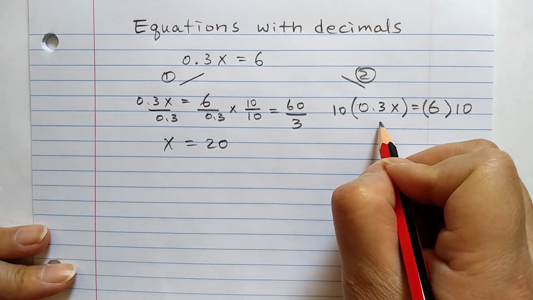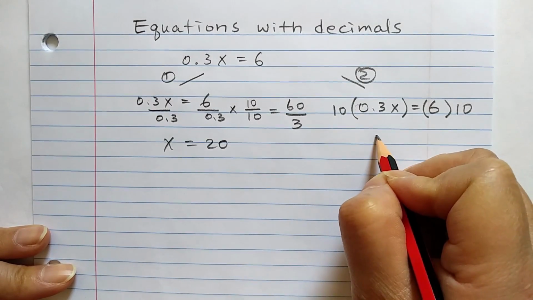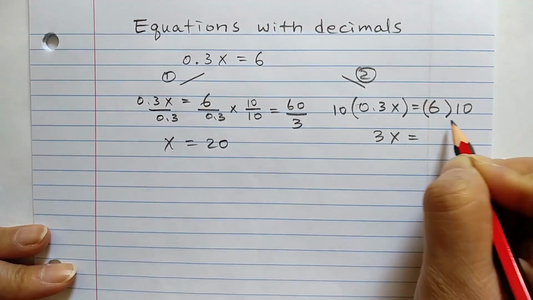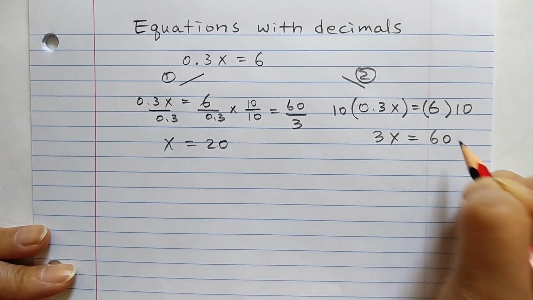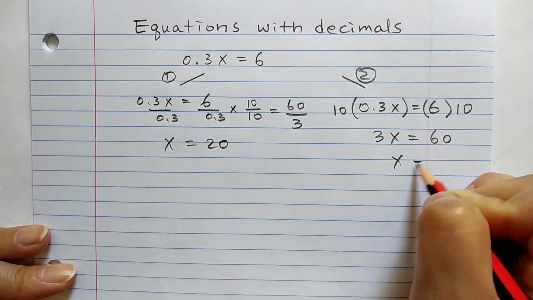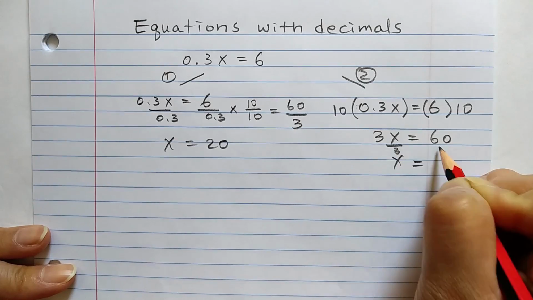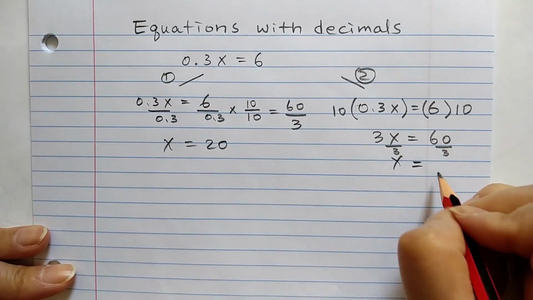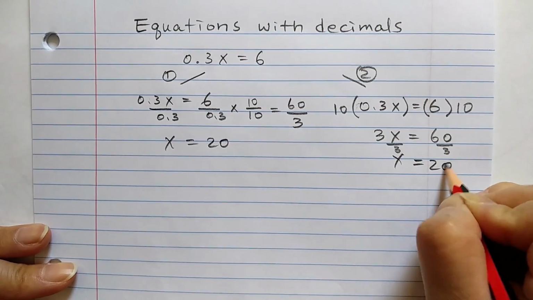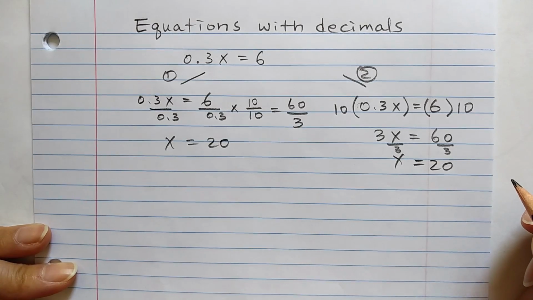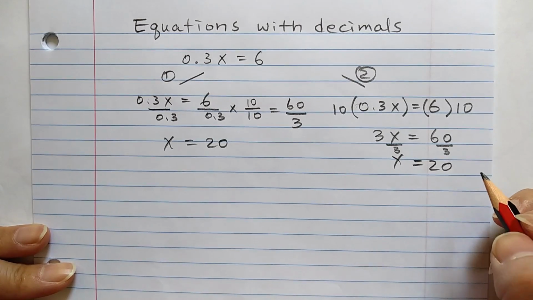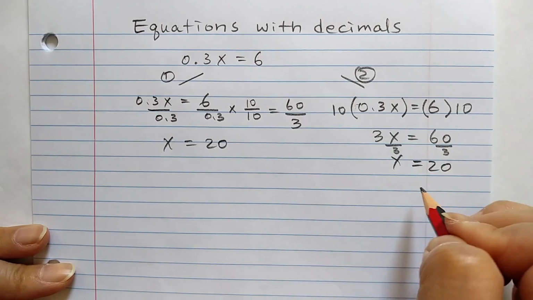Then 10 times 0.3x is 3x. 6 times 10 is 60. x is equal to, divide both sides by 3, which is 20. We'll practice more problems using this method.